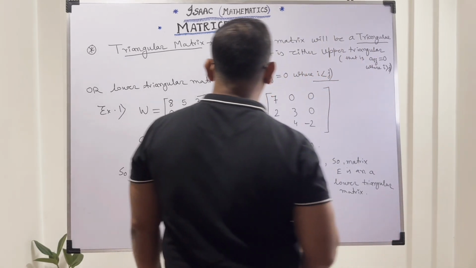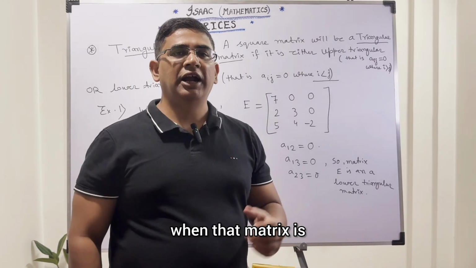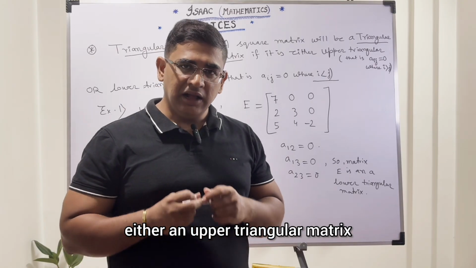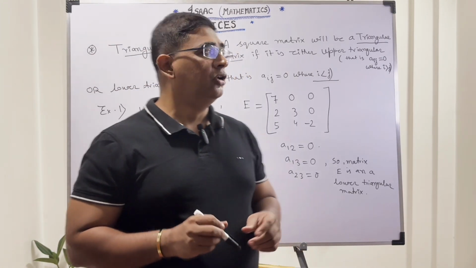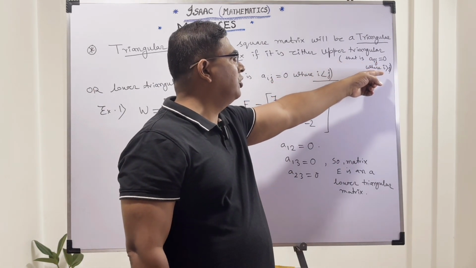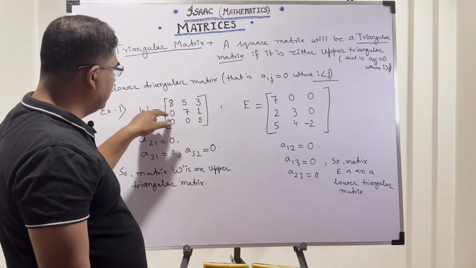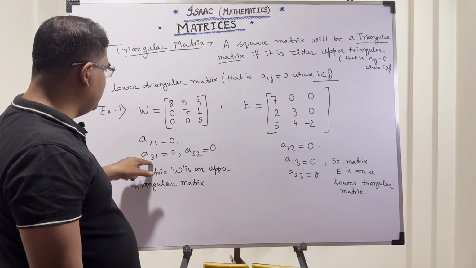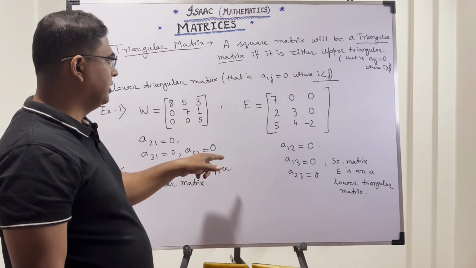Okay. So a matrix will be a triangular matrix when that matrix is either an upper triangular matrix or a lower triangular matrix. For the upper triangular matrix, Aij will be equal to 0 where i is greater than j. Here A21 is 0, A31 is 0, A32 is 0.